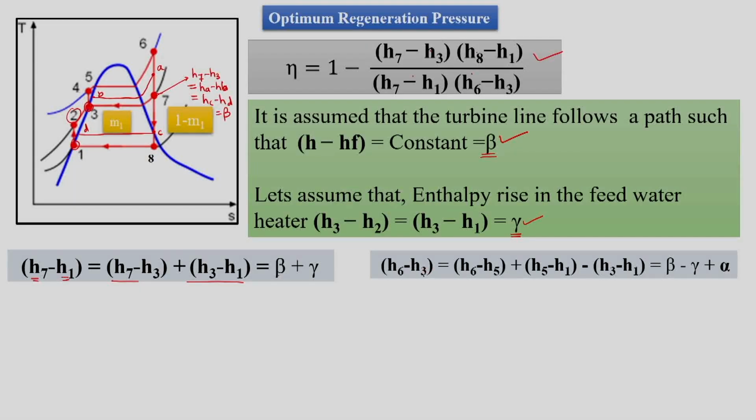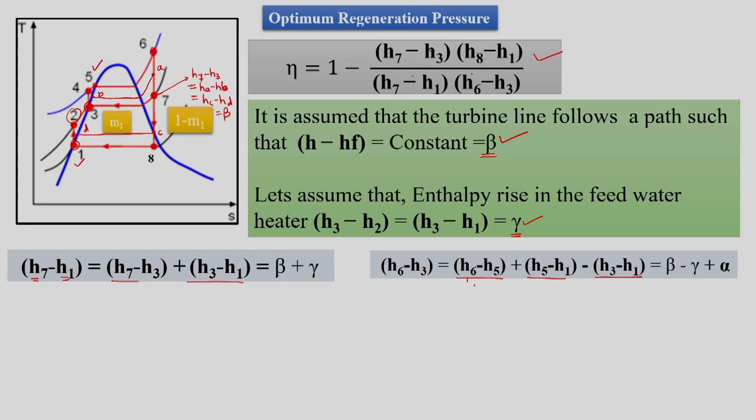Similarly, H6 minus H3 can be decomposed into H6 minus H5 and H5 minus H1, minus H3 minus H1. 5 is a saturation point.